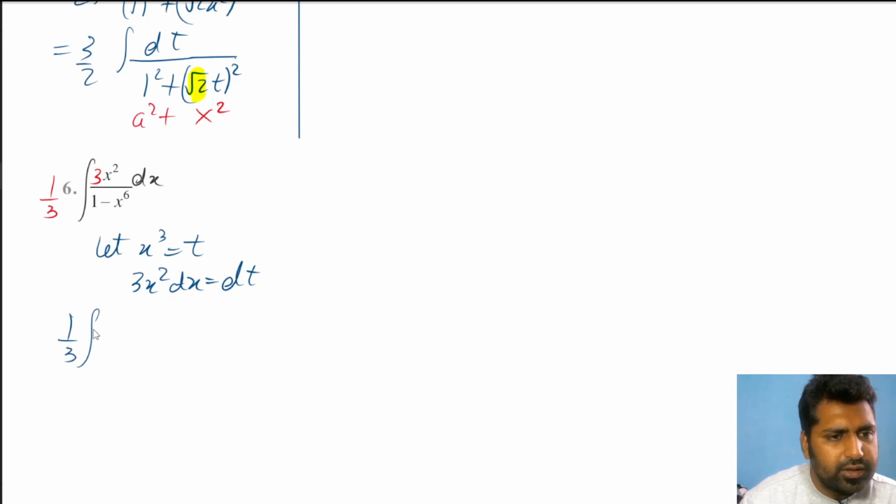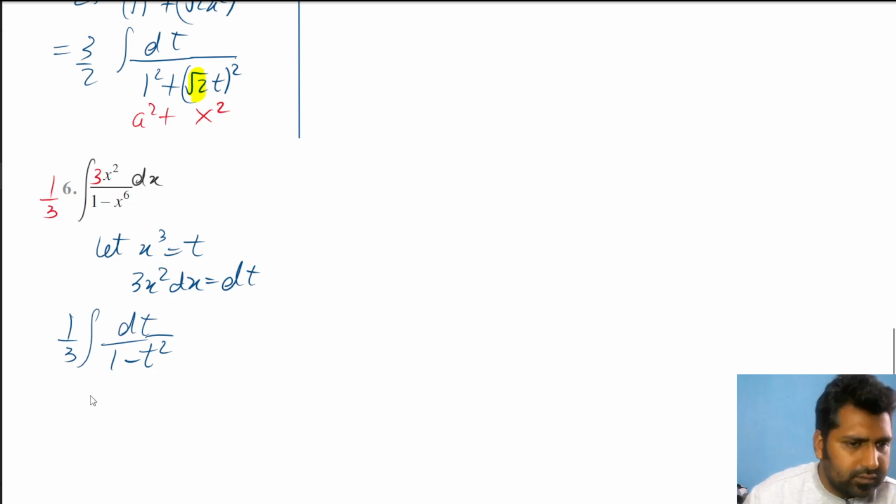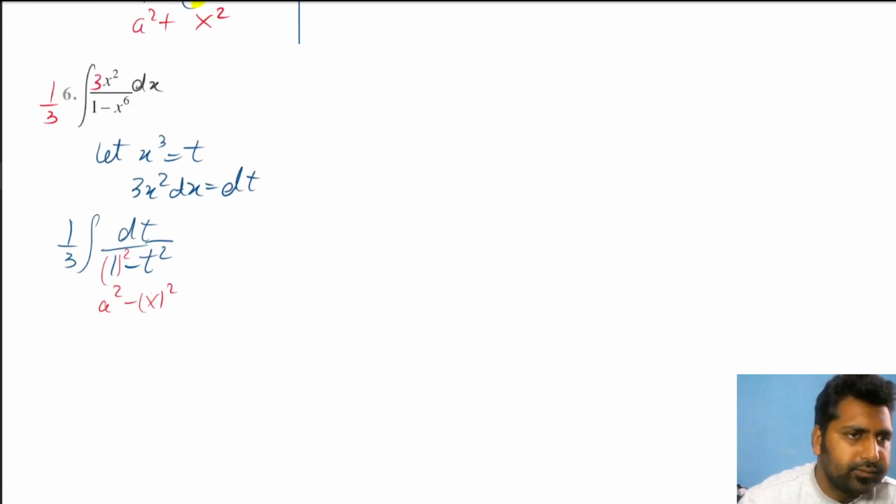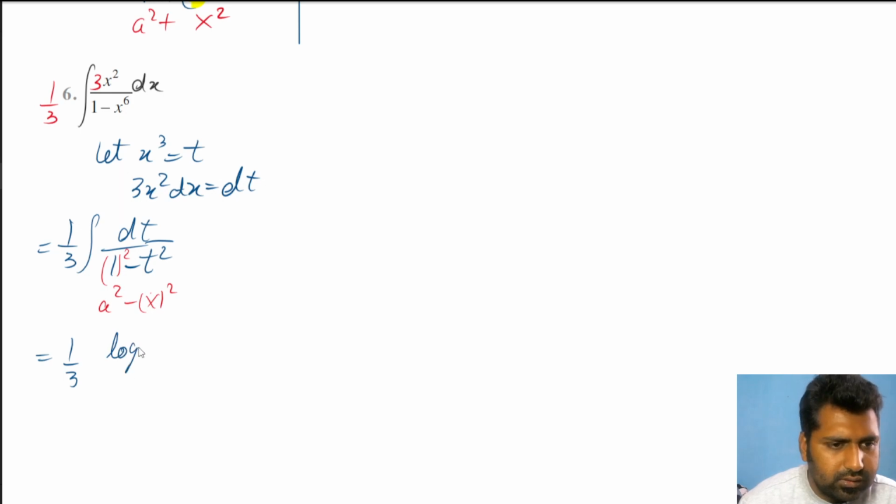So this becomes 1 by 3 dt over 1 minus x raised to power 6, which is x cube whole square, so t square. Now 1 can be written as 1 square, so a square minus x square, like that. Okay, there is no coefficient of t, so we don't have to worry about that. So we can directly write down the result. 1 by 3, that will be log, first is 1 by 2a, so 1 by 2a is 1 by 2.